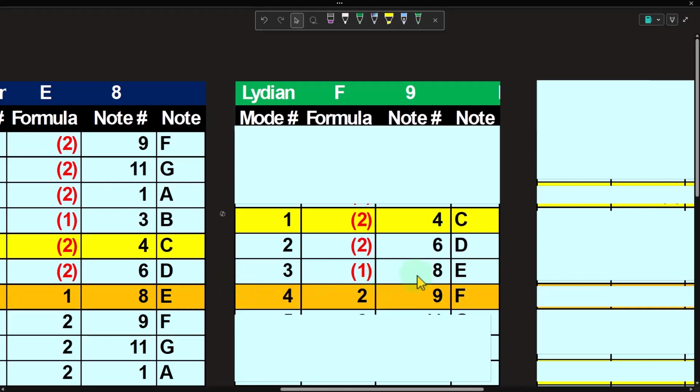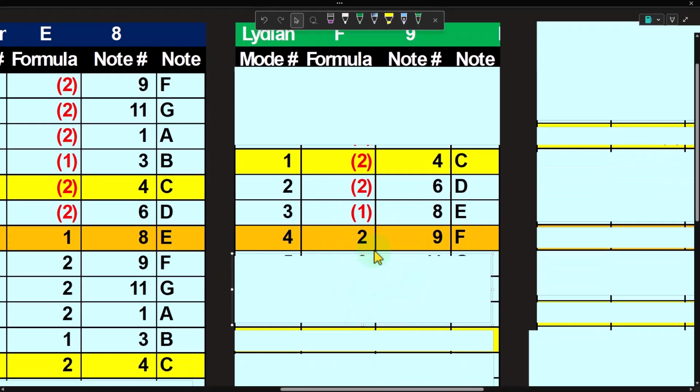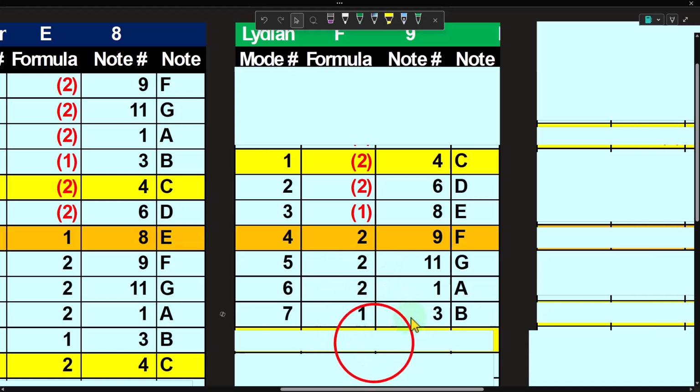Anyway, so what if I went the other way on my formula? Now I'm on note 9 plus 2 gets us to 11. 11 plus 2 gets us to 1 because it's 12, and then 1. 1 plus 2 gets us to 3, and then 3 plus 2 gets us to 4. So if I went from the 4-1 modal range, what's the distance?